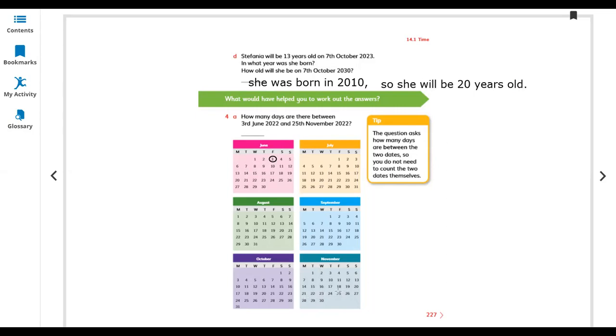This is November, this one 25th. Okay, now we need to calculate. From June, we are not calculating this circle. After this, we start. From 30 minus 3, it's 27 days from June.